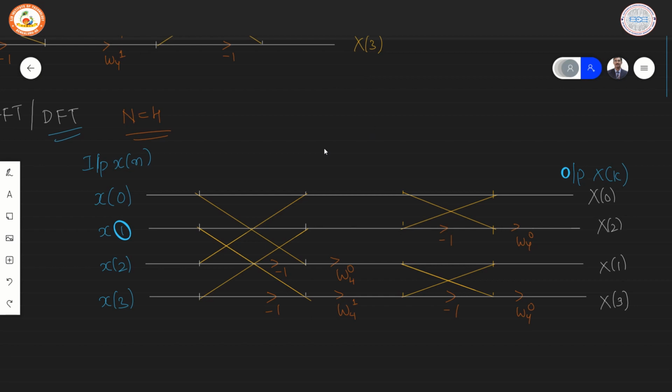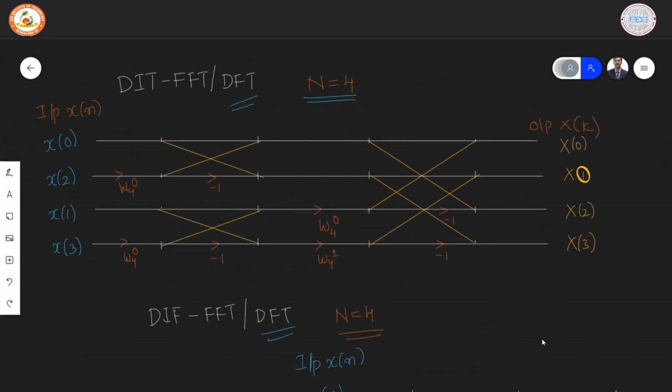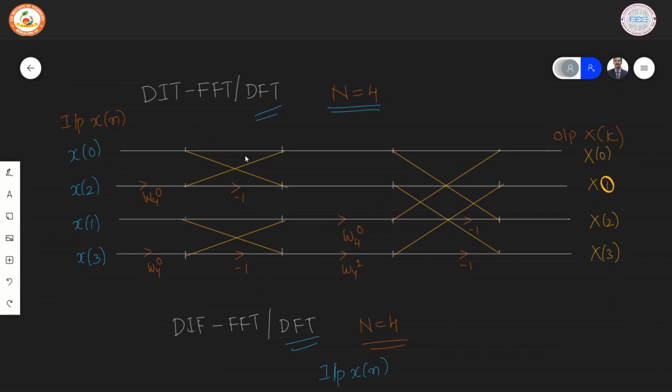Similarly, we can arrive at the inverse structure for DIT and DIF respectively for n is equal to 4. The inverse structure for decimation in time will resemble the DFT structure involved in DIF, whereas the inverse structure for DIF will look like that of DIT, which is used in the case of DFT, with the notable changes that input is going to be capital X of k, output becomes small x of n, twiddle factor powers will be negative, and we should not forget that we have to scale the answer by 1 by n.